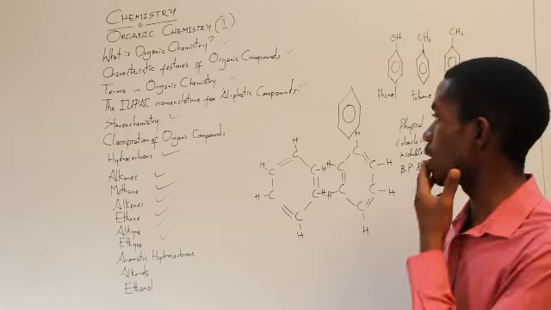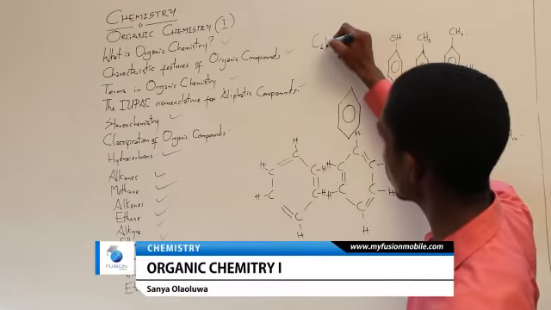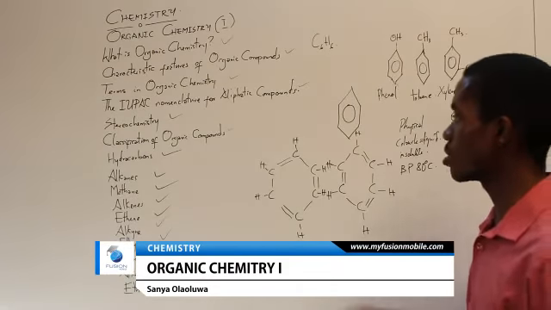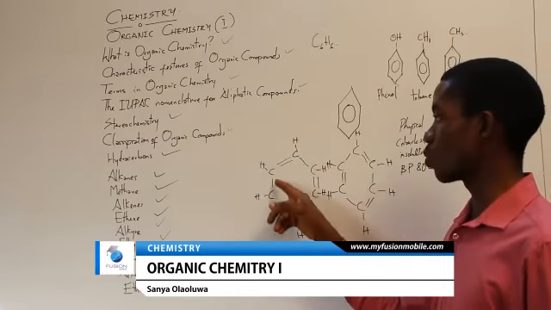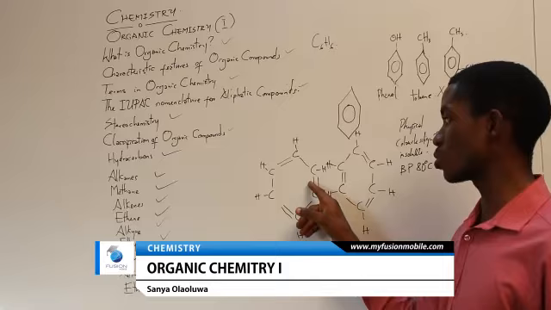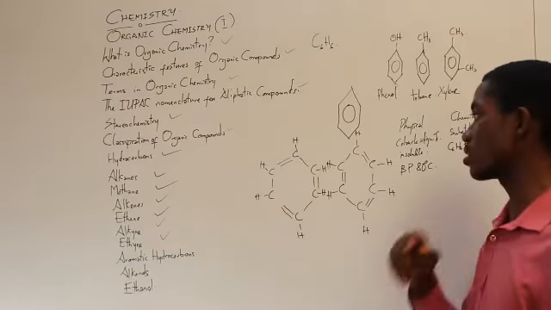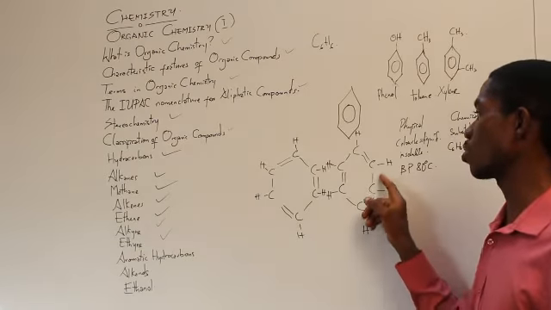If we look at benzene, it has a chemical formula C6H6. When you first look at benzene, you see something like this: 2 carbon bonds, 1 carbon bond, 2, 1, 2, 1. But when you take a look at it at another point in time, you see it like this: 1 carbon bond, 2, 1, 2, 1, 2.